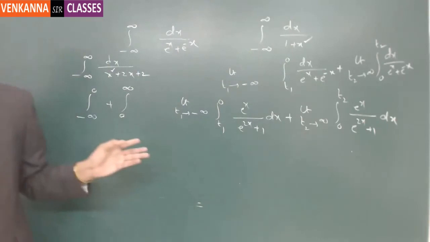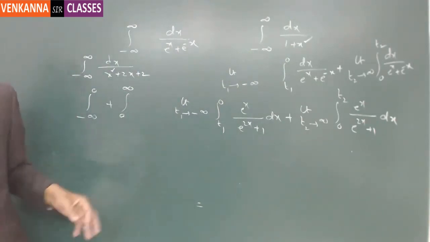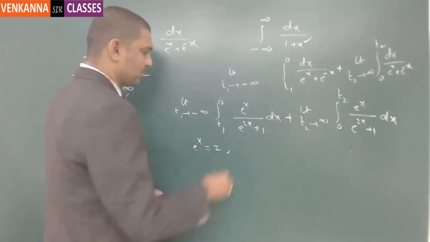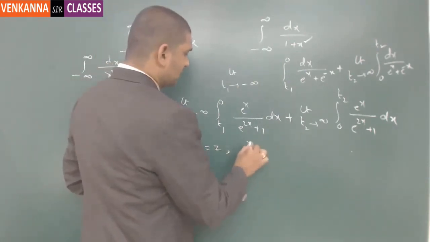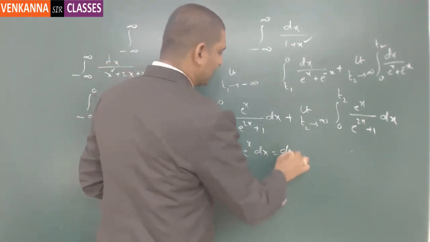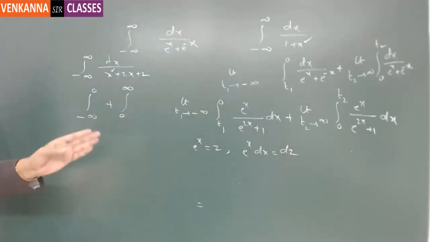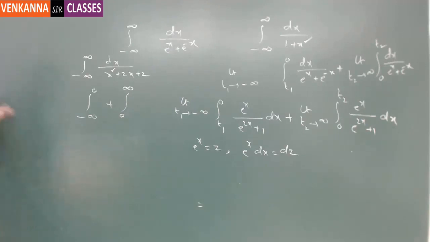Now why we are doing this? Because if you put e power x is equal to z, then e power x dx is equal to dz, and you will give the respective limits. So how it will be?